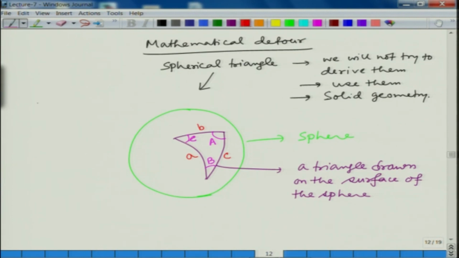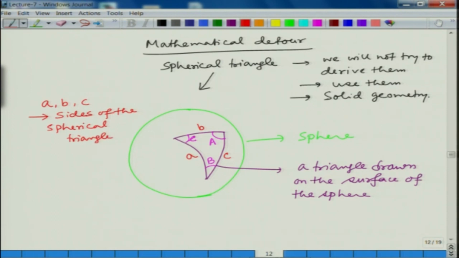So, here this a, b and c, small, represent the sides of the spherical triangle.